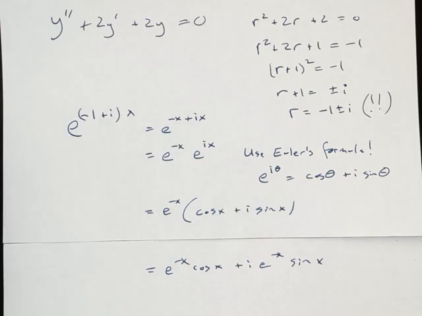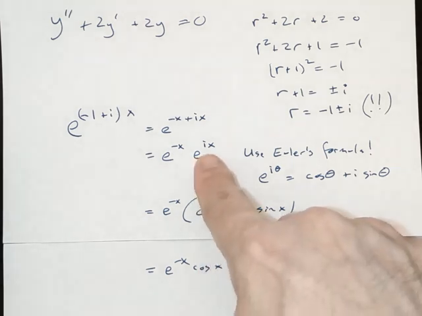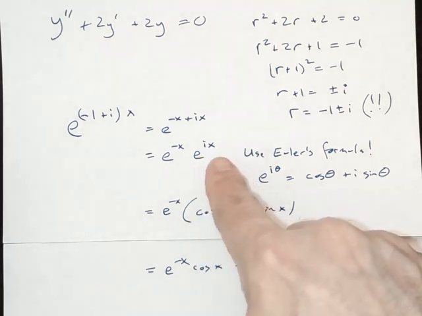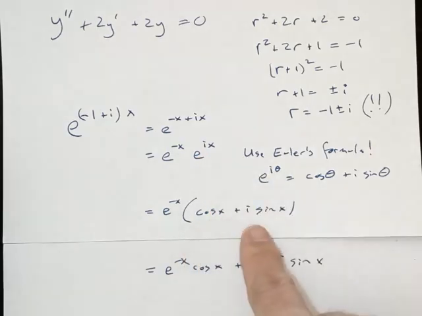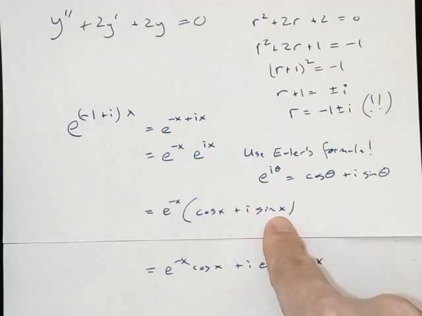By the way, I said I didn't care which root you used. We used the one with the plus in the middle. If I use the one with the minus in the middle, then this would be e to the minus ix, right? So if I put the minus with the x, it becomes cosine of minus x and i sine of minus x. Wait a minute. Cosine's an even function.